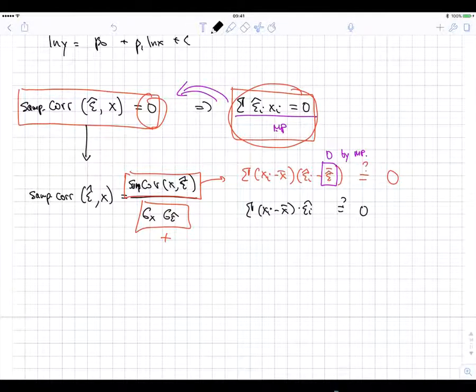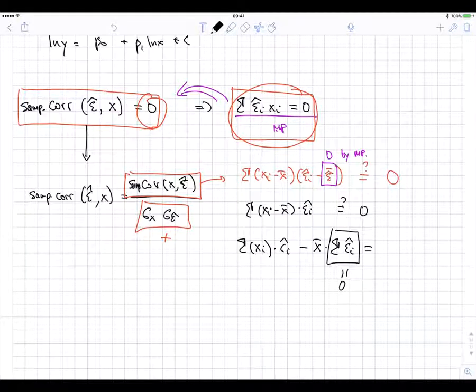Well, let's open up the brackets and use the fact that the summation notation is a linear operator, and pull out the x bar because it doesn't have an i or doesn't change. So what do we have? Well, this bit here is by the mechanical property equal to 0. So really we have the sum of x_i epsilon i hat is equal to 0. But this was our mechanical property.